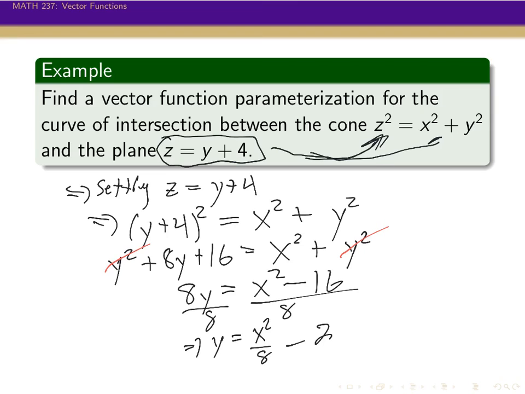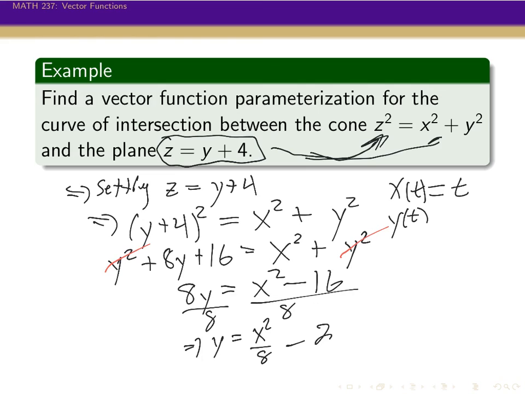Okay, so now take a look at this. We've written y in terms of x, and then we have z written as a function of y. So when we want to do the parameterization of this, if I start off defining x, then that's going to define y. And then once we have y defined, that's going to define z. So what our parameterization is going to be is we're going to let the x function just be t.